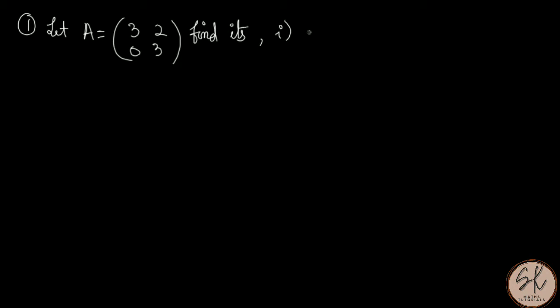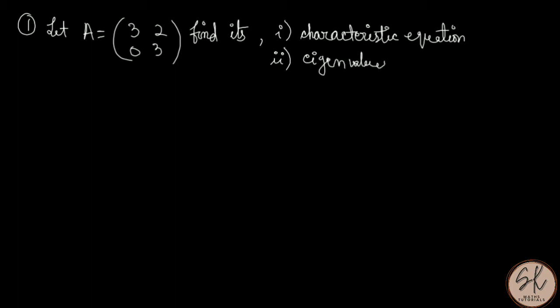So question 1, let us take a matrix A equals [3 2; 0 3]. Then find its characteristic equation, next eigenvalues, next eigenvectors.